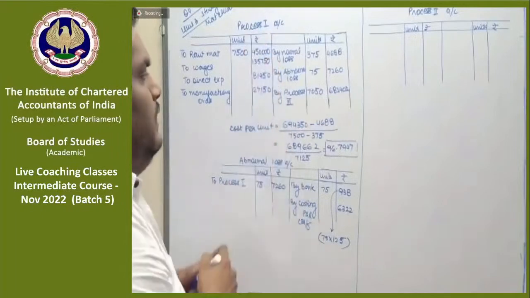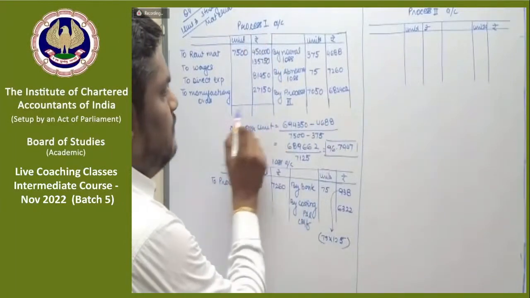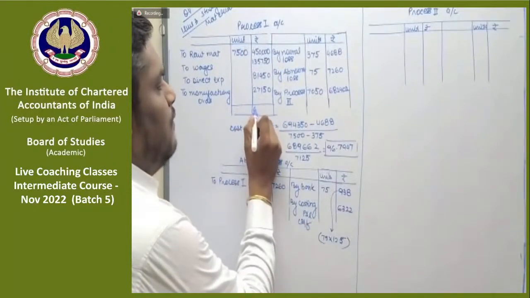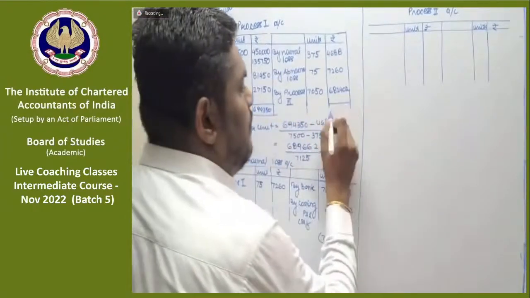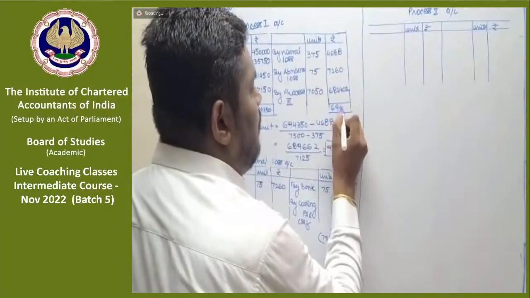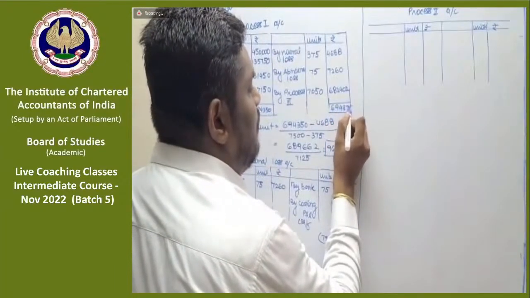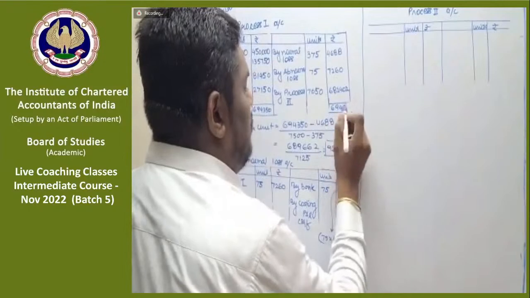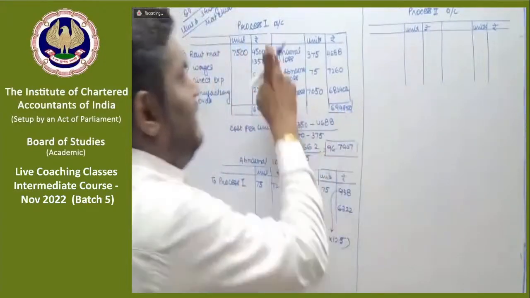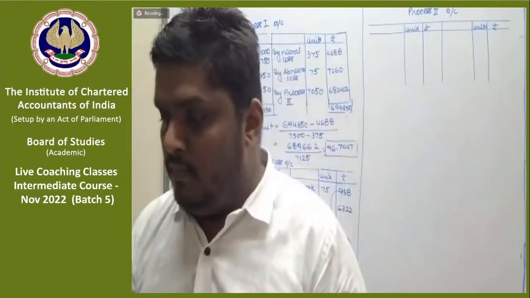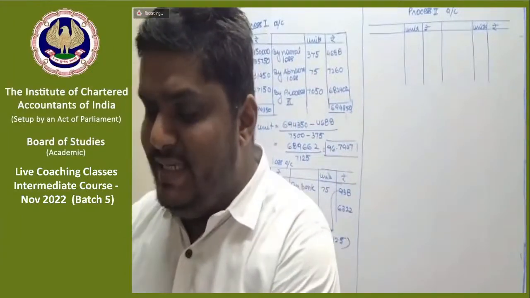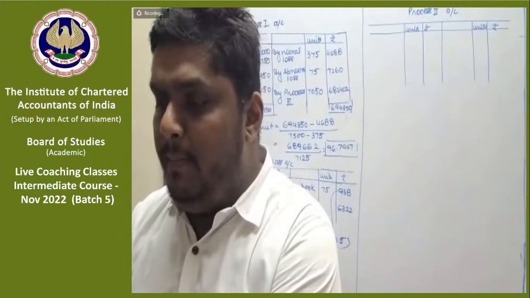It is the total cost minus the scrap value. I'll be discussing the income statement, Riddhi, don't worry.